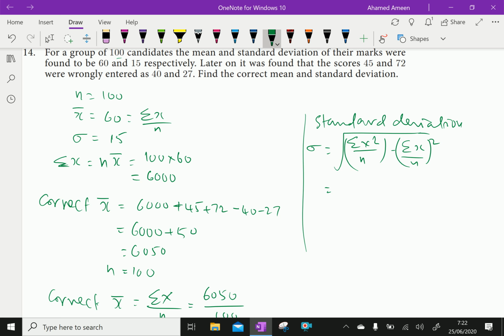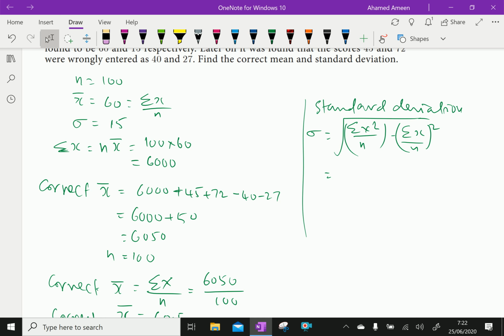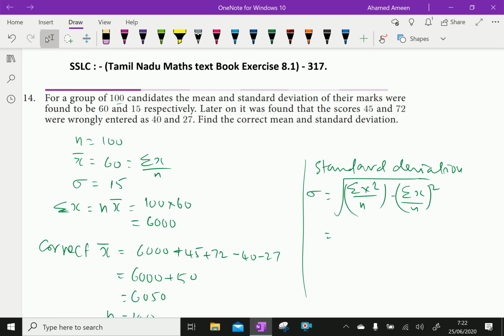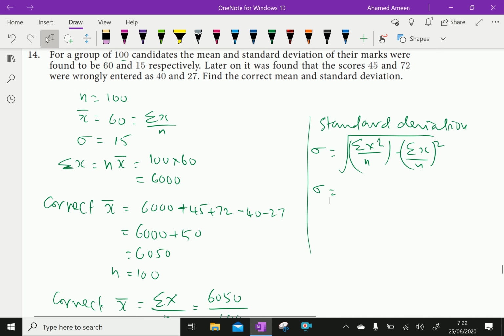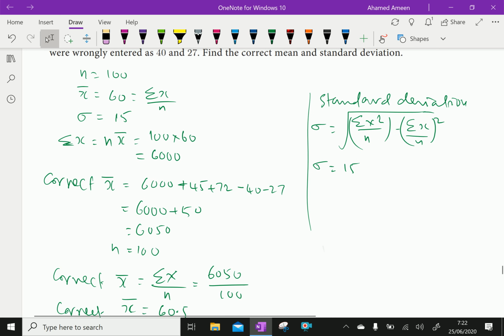We'll put the values. Therefore, incorrect standard deviation sigma is already 15. So we have sigma equal to 15, that is old sigma.